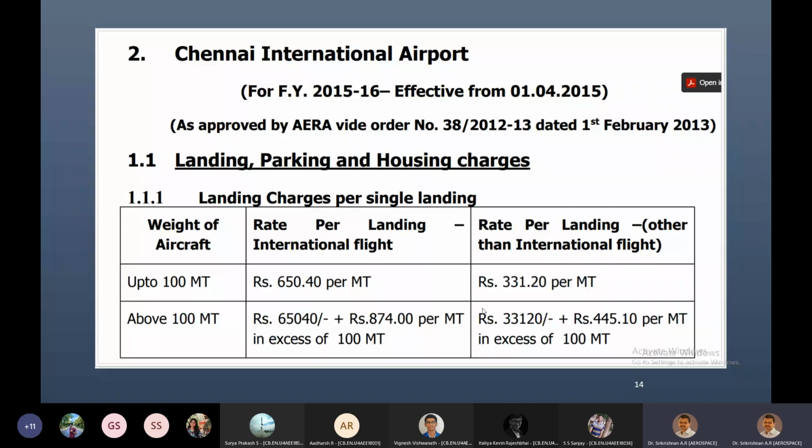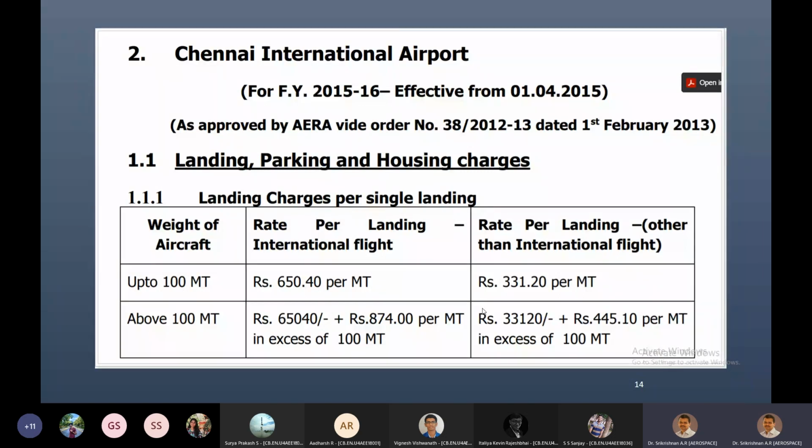So if it is just 100 ton, you will have to pay this multiplied by 100. So per unit weight, the charge per landing for an international aircraft that the airline company has to pay to the Chennai International Airport is rupees 650.40.